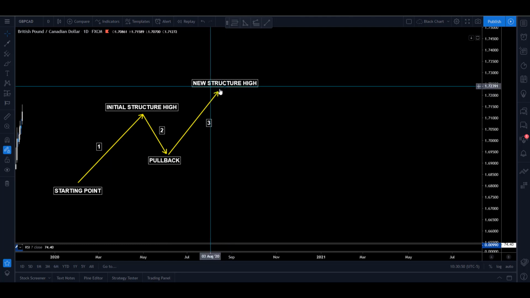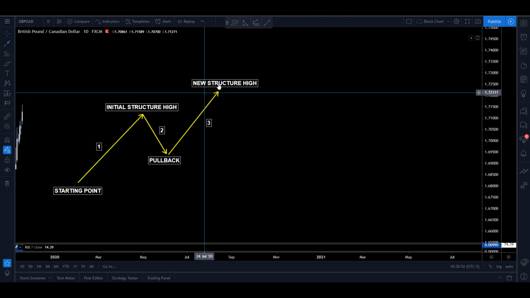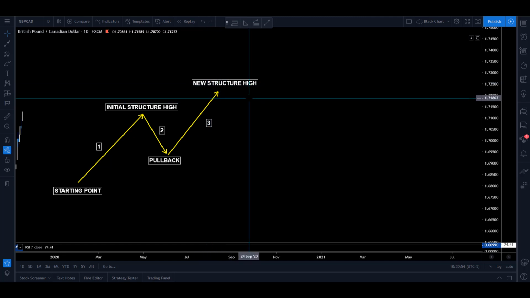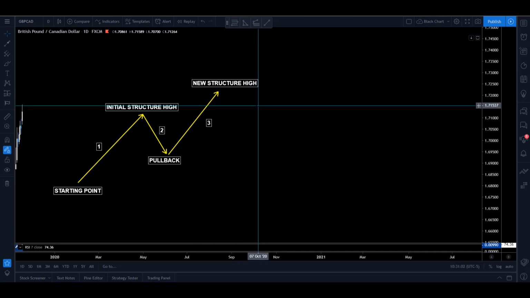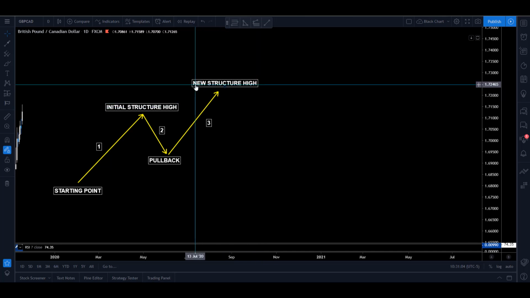Only at this moment can we say that we are in a bullish trend. Does that make sense? All right, let's do one for a bearish trend.